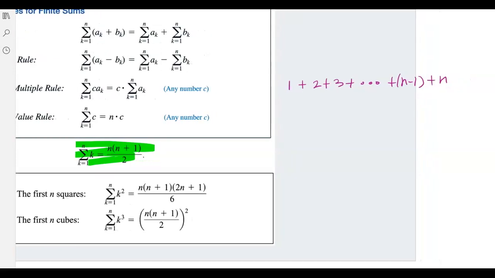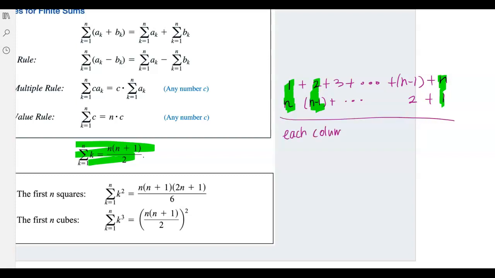And what if I reverse the order? If I put n here and n minus 1 here, and then this would be 2, and this would be 1. So if I look at any one column like this, or even this one, when I add any column together, I get n plus 1.